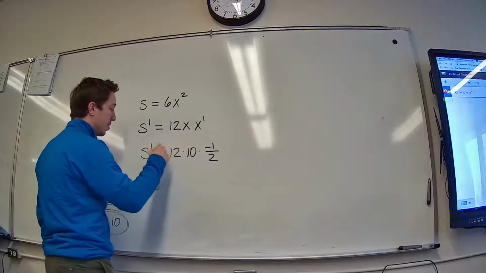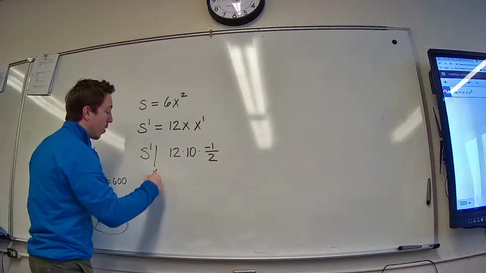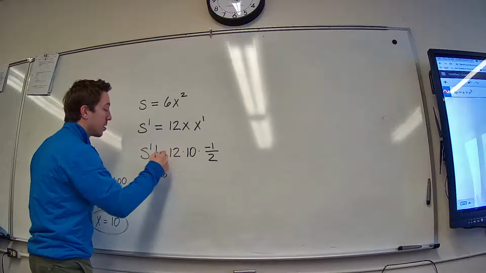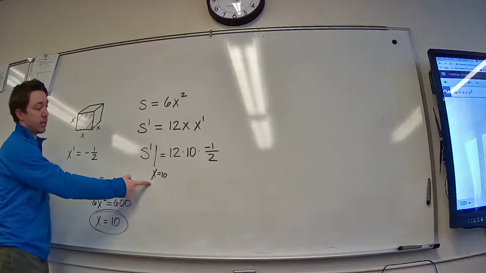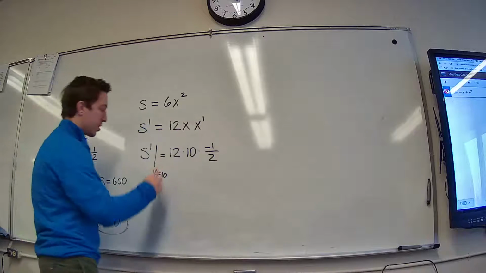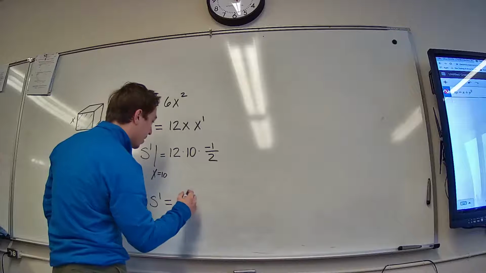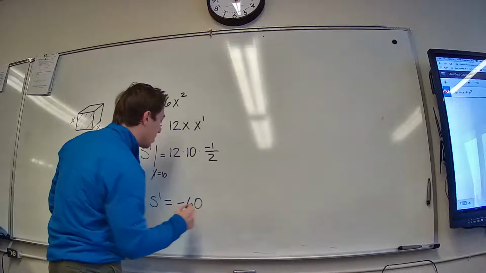By the way, this is S prime at the moment when x is 10. This is pretty important notation because otherwise you're suggesting that S prime is constant, which it's not. S prime changes all the time. So we get negative 60.